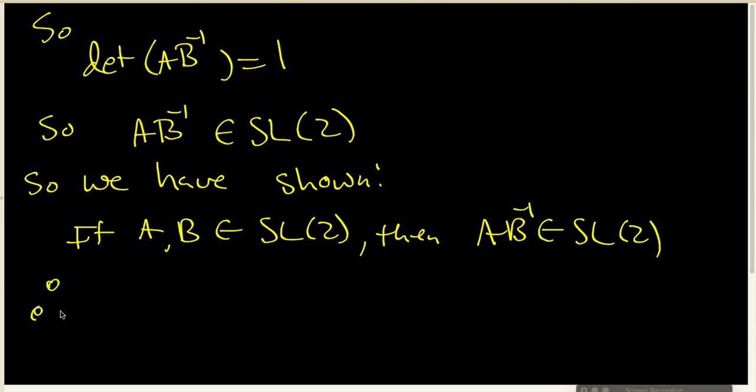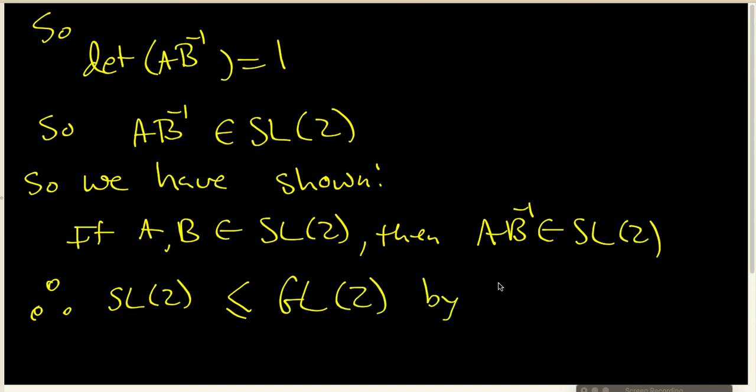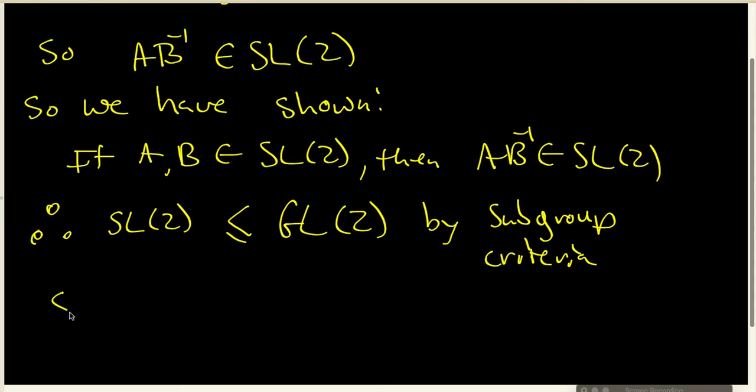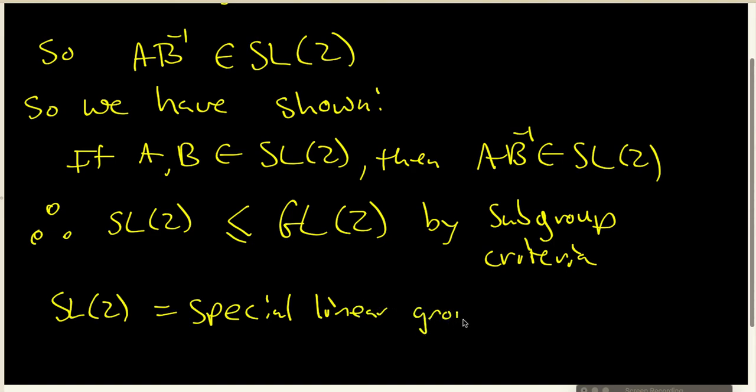And so I could now say that SL2 is a subgroup of GL2 by the subgroup criterion theorem. And it's worth noting that SL2 is called the special linear group of order or size 2.